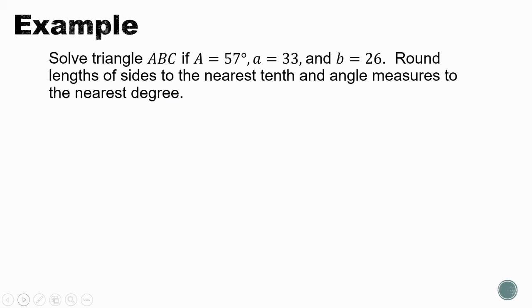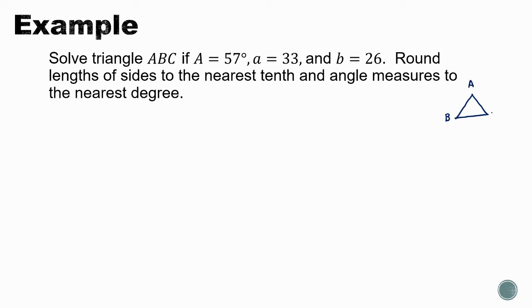We're going to solve the triangle ABC if angle A is 57 degrees, a is 33, and b is 26. We are going to round lengths of sides to the nearest tenth and angle measures to the nearest degree. Once again, we don't technically know if we have no triangle, one triangle, or two, but I'm just going to start off by sketching one triangle just so we can see.